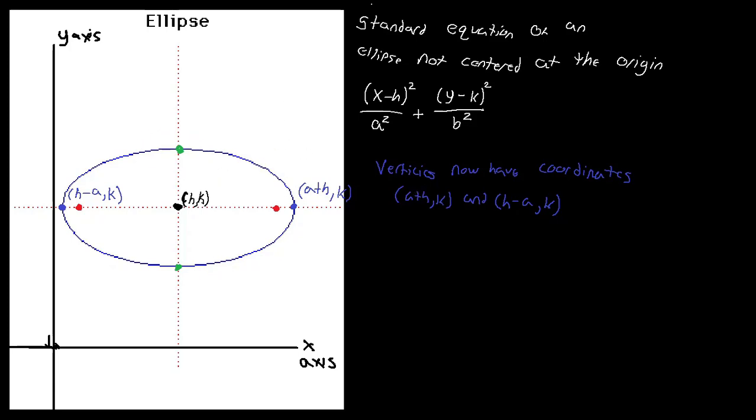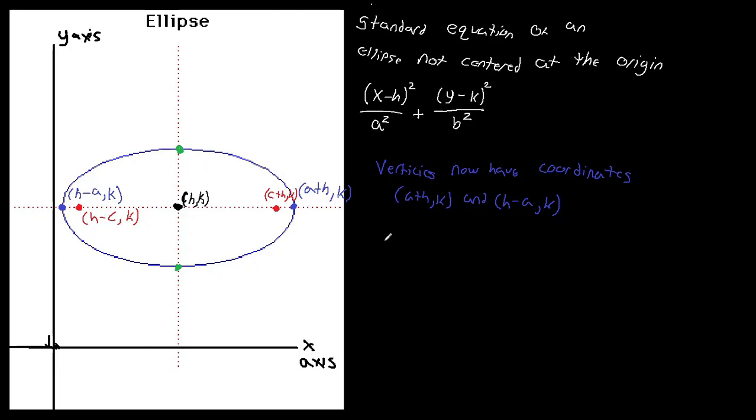The same thing is true for the foci. This distance from the center to the foci, we defined as c. But now, just like with the vertex, it's c plus h, comma k, because we're still that same distance up. And likewise, this is now h minus c, comma k, because we go out to h and then go back c to get here.